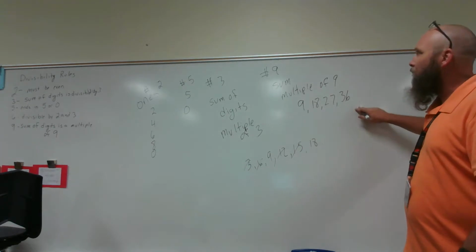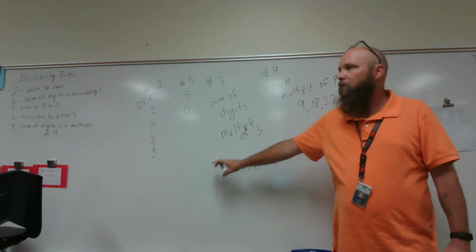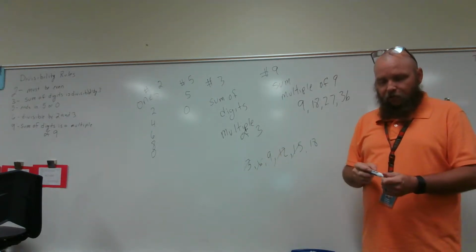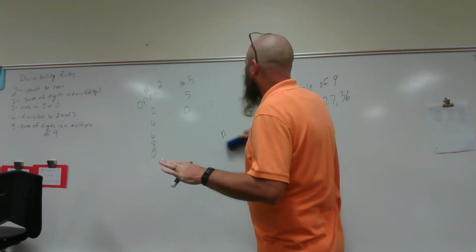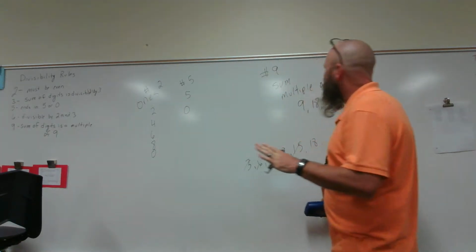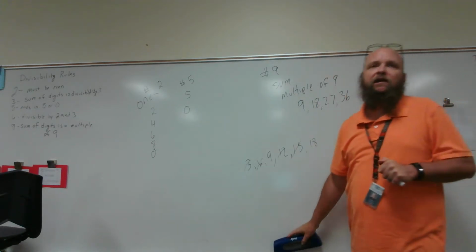So if you follow the 9 rule, the 3 rule's taken care of. Really, if you took your time and worked it out, all you had to do is follow these 3 rules, and all 5 of them would be taken care of.